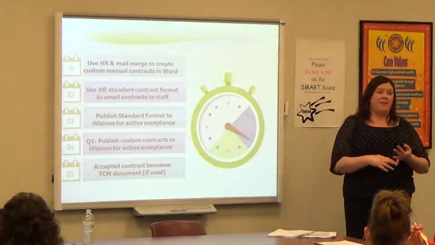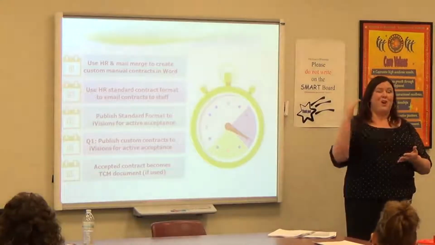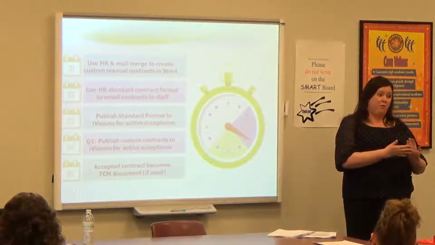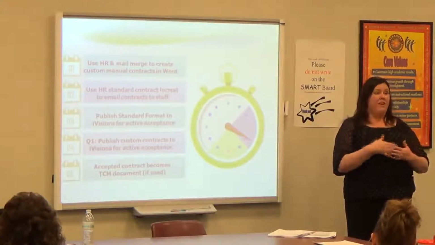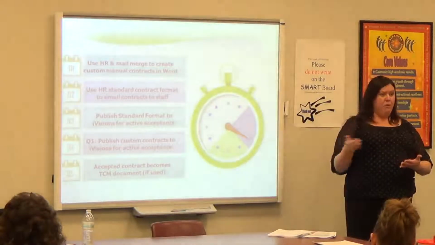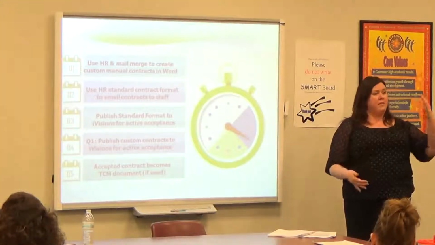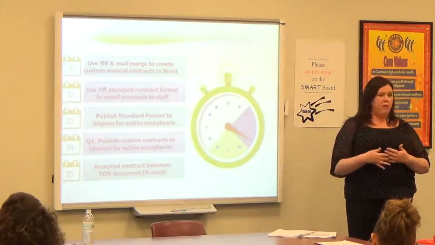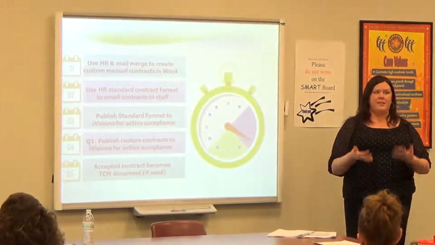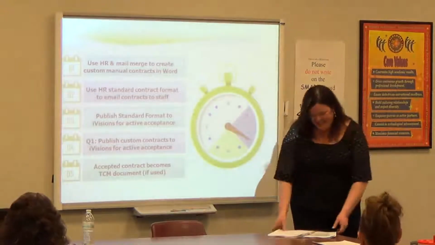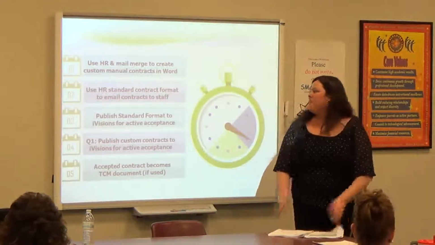What's great about that is as the employees are going through and accepting the contract, it's updating the HR module for you. And when it's getting to the point where the offer is going to expire, you can mass email all the employees that you haven't heard back from or haven't accepted yet and send them reminders on an hourly basis, or someone that's doing that often.